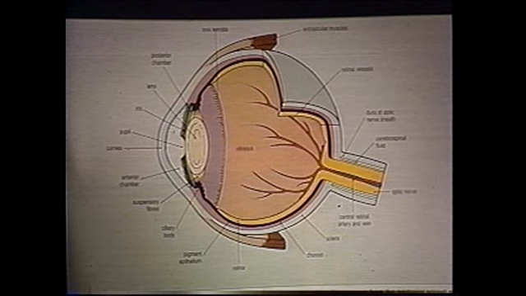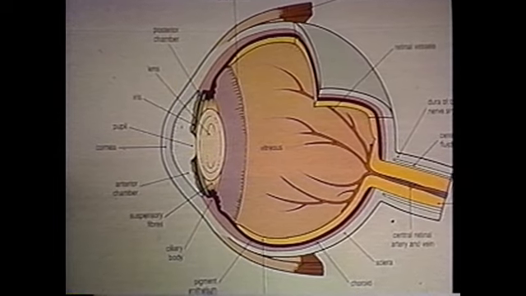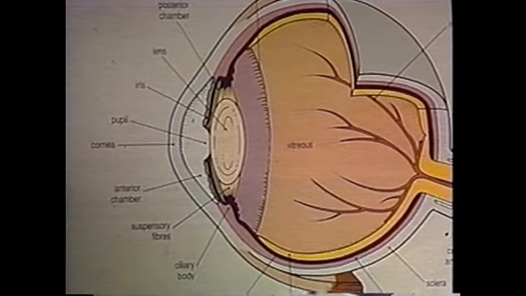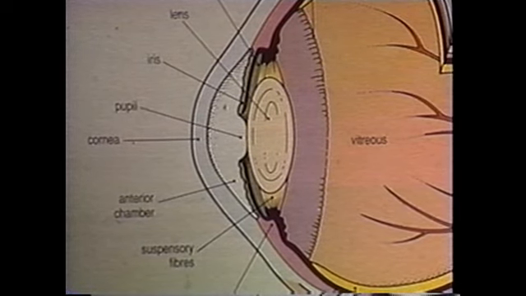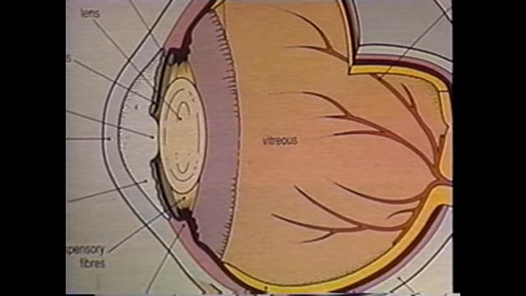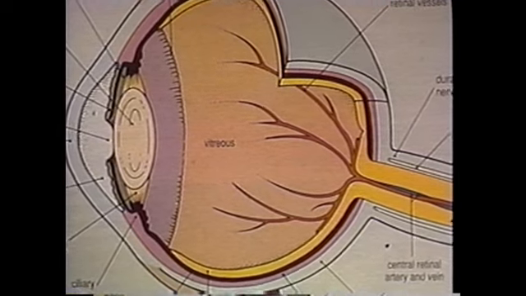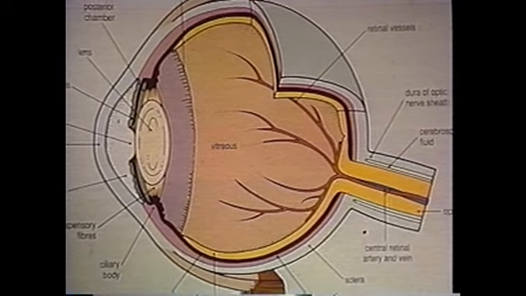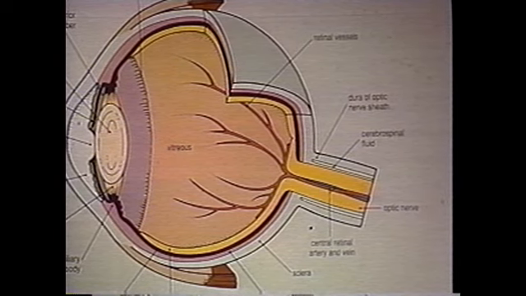Within the globe of the eye, of course, is the semi-solid vitreous and the aqueous humor, which hydrostatically also help to maintain rigidity. The photosensory component, the retina, passes from the ora serrata here right round to the back of the eye, where the fibres enter the optic nerve.